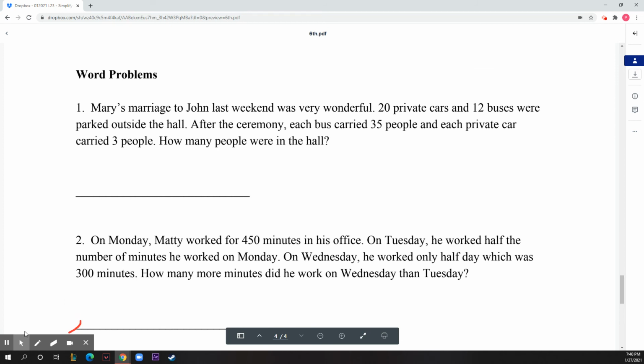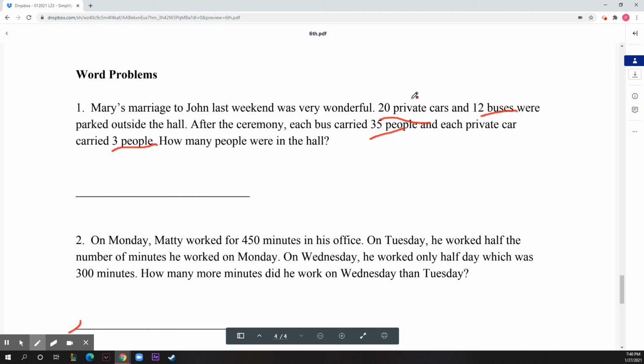The last section would be 4 problems. Okay. Mary's marriage to John last weekend was very wonderful. 20 private cars and 12 buses were parked outside the hall. After the ceremony, each bus carried 35 people and each private car carried 3 people. How many people were in the hall?